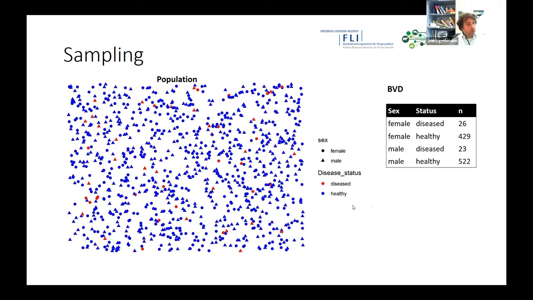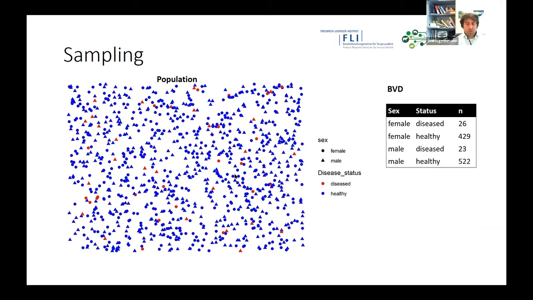To make it more complex, here you have not only the disease status but also female and male. With the circles you can see females, and with the triangles you can see males, and you can see the prevalence is equally distributed between both of them.